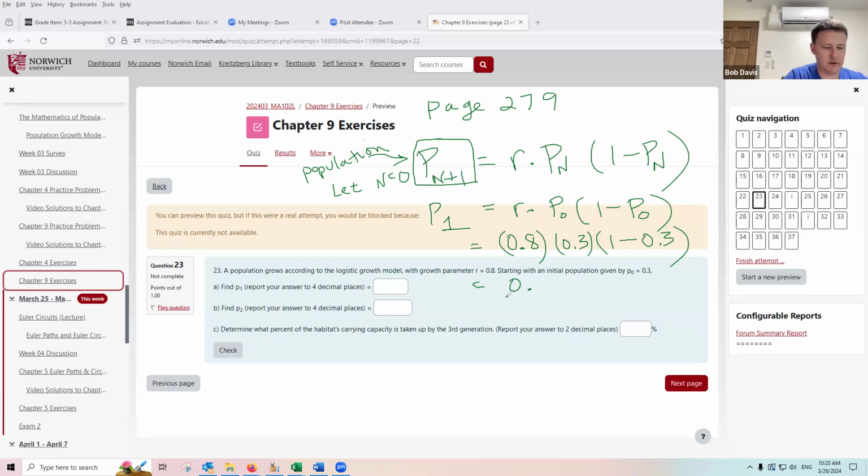Then 0.7 times 0.24 is 0.168. So P1 is going to be 0.168.